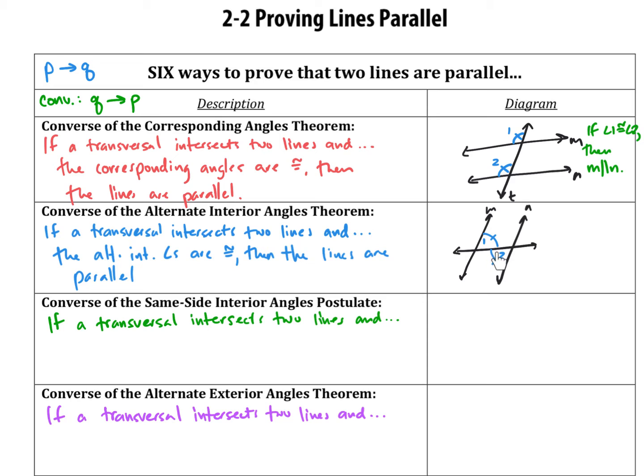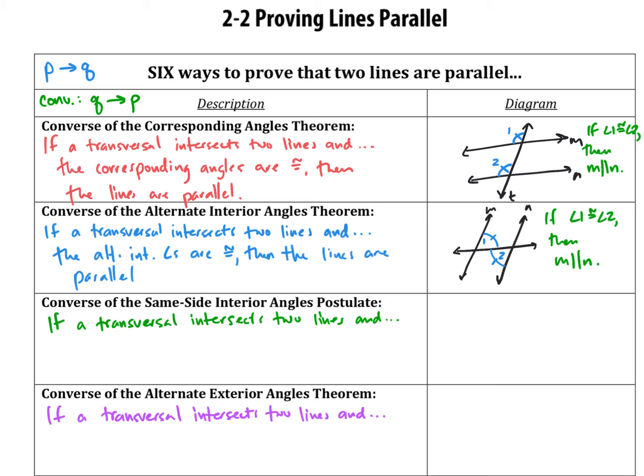They're both interior angles because they're between lines M and N. They're in that space between those two lines. Angle 1 is above the transversal and angle 2 is below it. So they're alternate interior angles. In that picture, if angle 1 is congruent to angle 2, then line M would have to be parallel to line N.